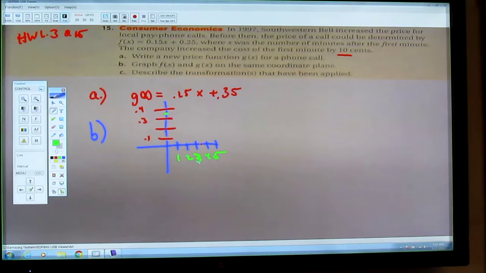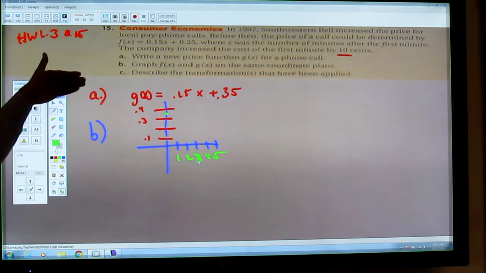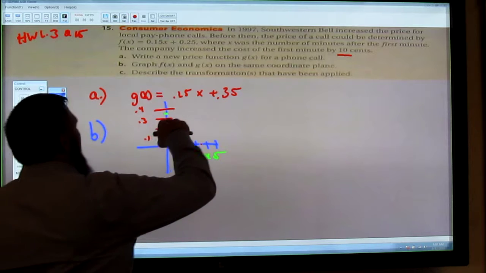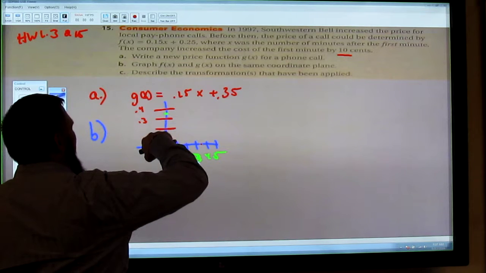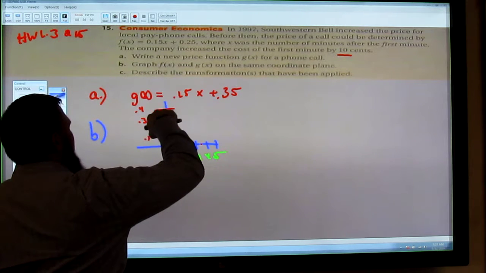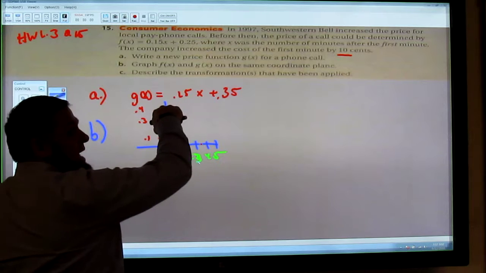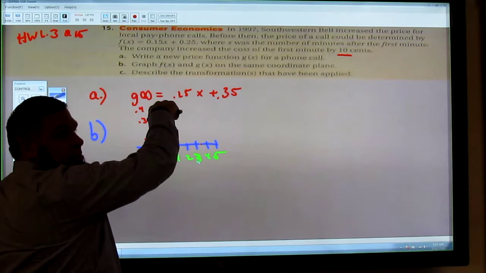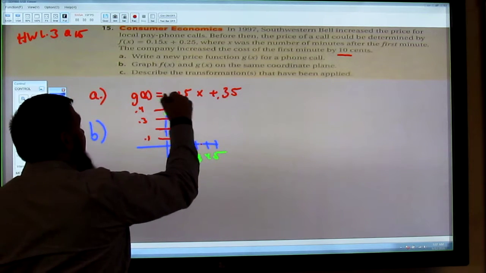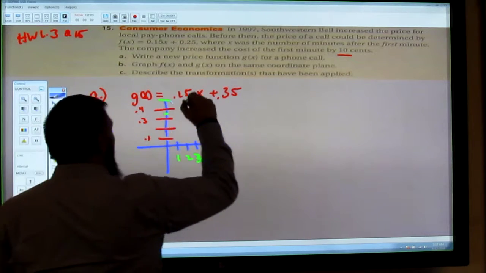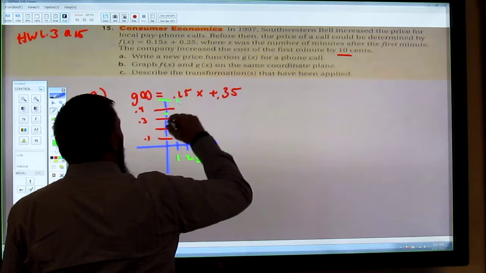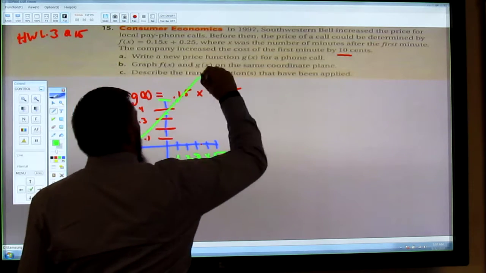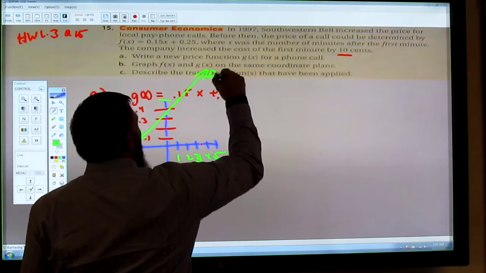So I can go up 0.15. This is 0.1, 0.3, so this is going to be half, so then it'd be up to 5 and over 1. And so this should be my graph of g of x.